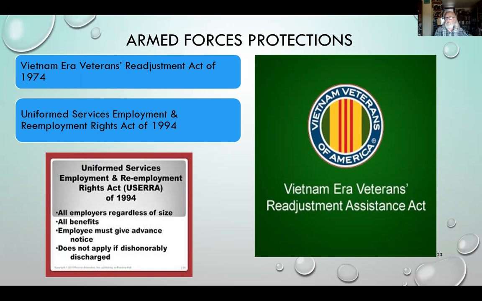In other words, you don't hire someone who's not qualified for the job, but if you're able to hire a Vietnam veteran in the 70s, this was a very big deal because there were tens of thousands, hundreds of thousands really, of Vietnam veterans who couldn't find work, some of whom were disabled and so forth. So it really was an update. And then you can see here in 94, updated again.